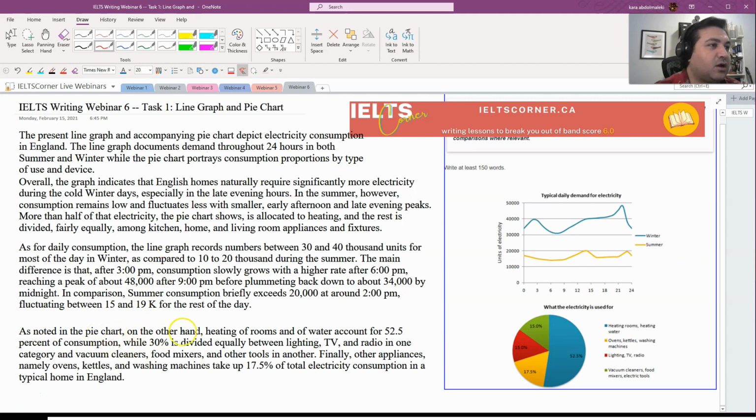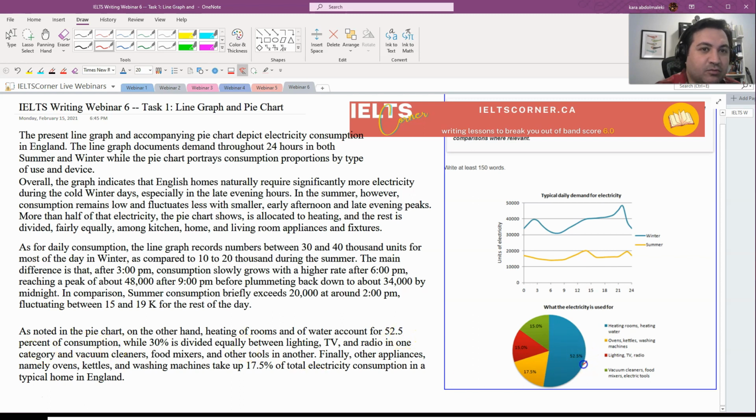All right. On the other hand, as noted in the pie chart, on the other hand, so this on the other hand is basically to create a distinction between this and this paragraph. Okay, so that would improve my coherence here. Heating of rooms and of water account for 52.5% of consumption.